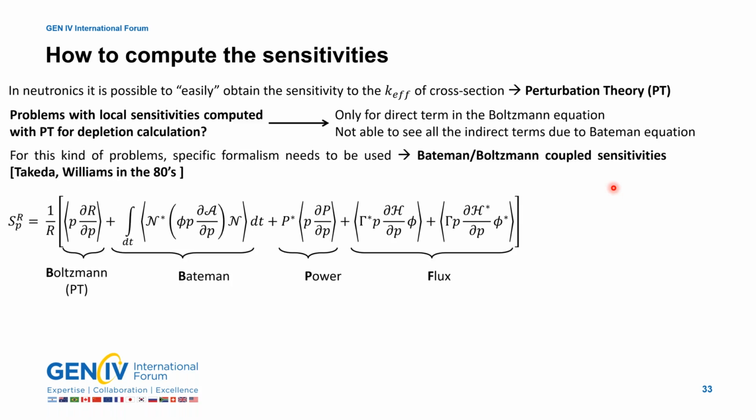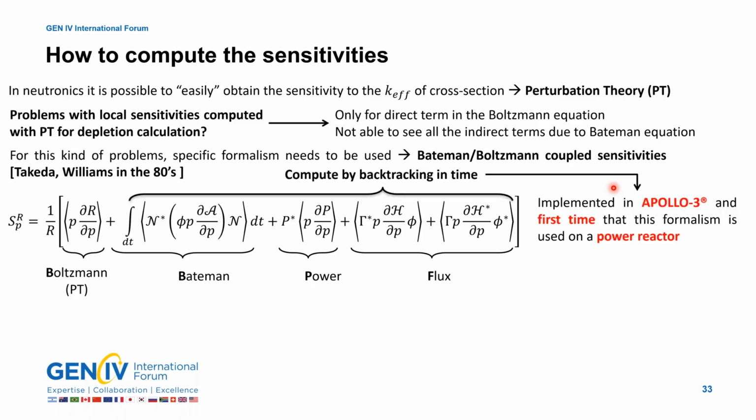So we need a specific formalism called Bateman and Boltzmann coupled sensitivities, developed in the 80s, that is able to see the direct term from perturbation theory, but also all the terms coming from the fuel depletion and the past of the final state.